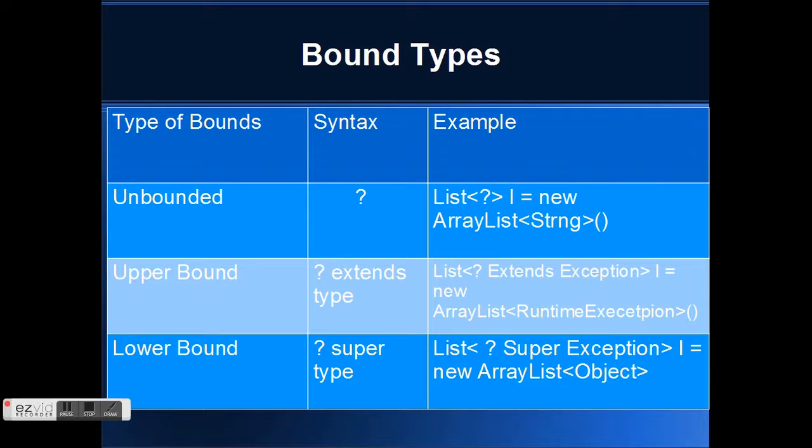An upper bound extends the object. So if you're looking at the example List<? extends Exception> = new ArrayList, it is inheriting all the members of the list. It's upper bound, so it's going up.